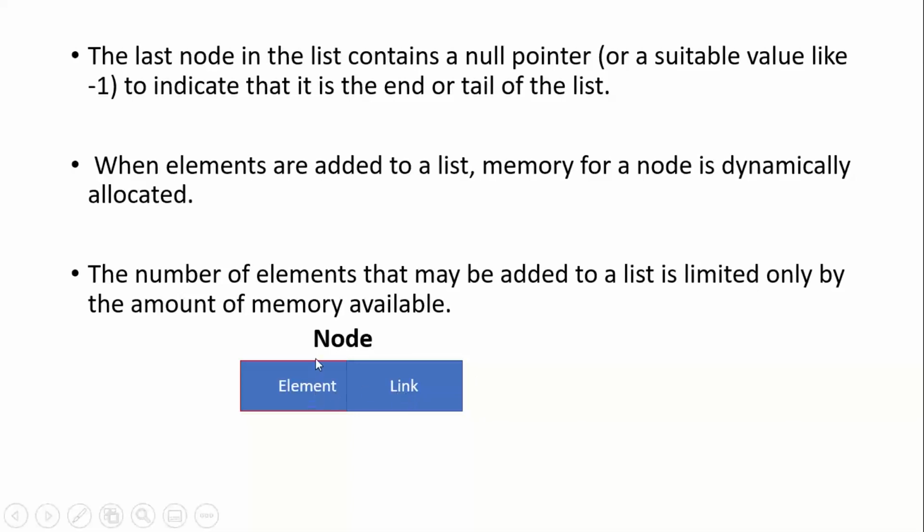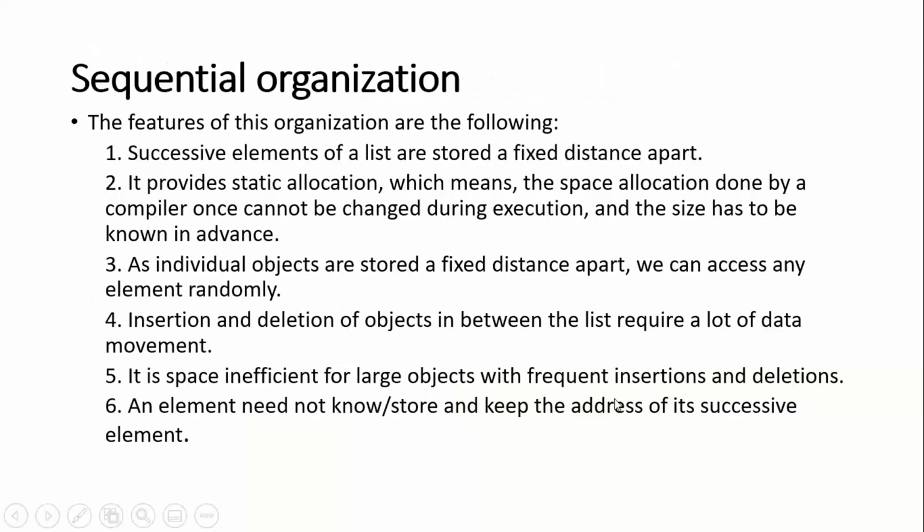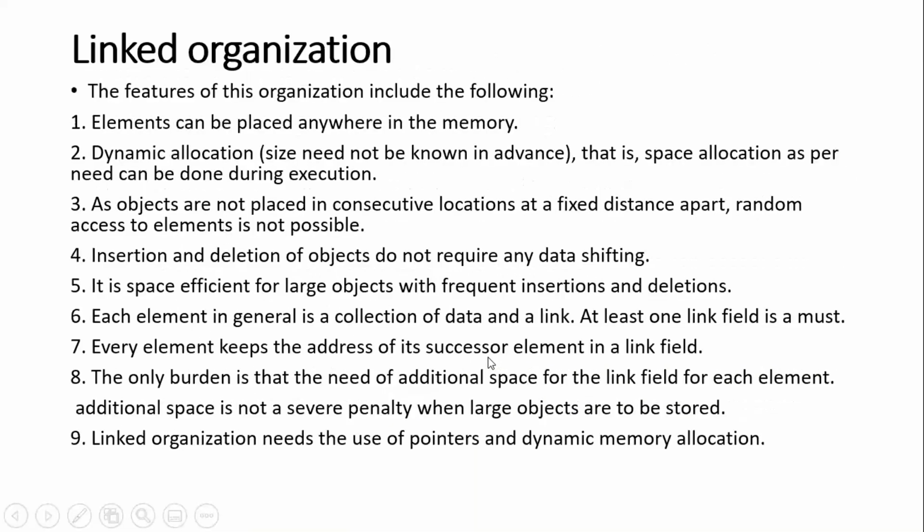When you want to jump from node 1 to node 2, you just go to this link, to that address, and you will find the second node. The second node again has the actual data and another link, and that link points to the third node. This is how data is stored in a linked list.